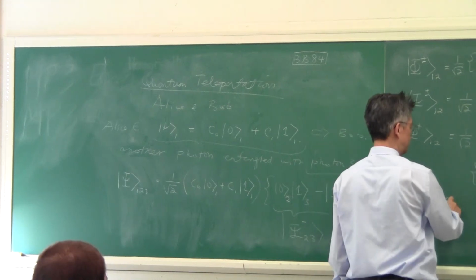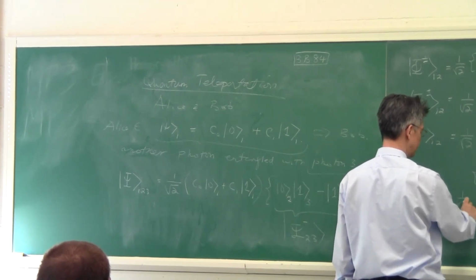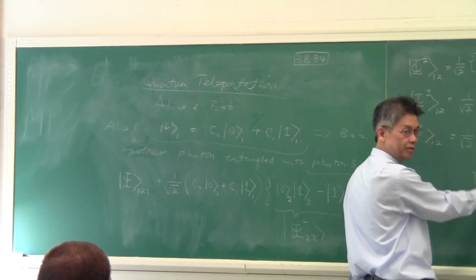You multiply this out, the inner product with this, you get 1 and 1, right? This term multiplied by this term, the inner product, if you want.